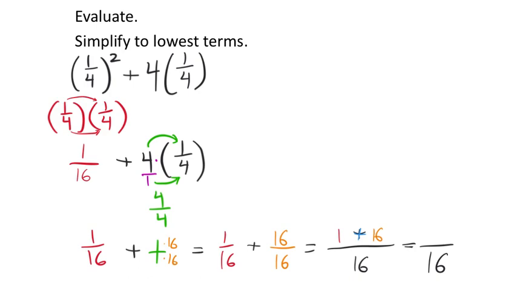And 1 plus 16 would be 17/16. But once again, if you wanted the mixed number 1 and 1/16, which technically you can get pretty quick from 1 plus a fraction. A whole number plus a fraction should always give you a quick mixed number.